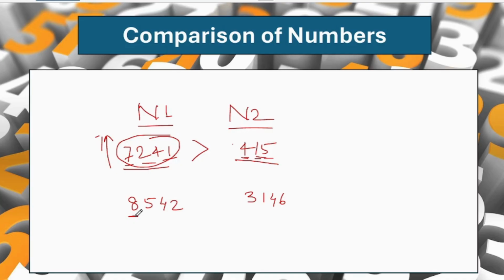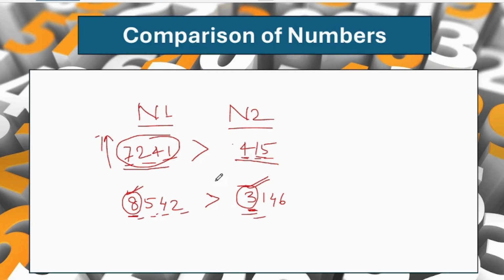The thousand place in this number is 8 and in the other number, at the same position, you compare the digits 8 and 3. 8 is bigger than 3, so this number will be bigger. Very obvious, right? The thousand place digit is 8, which is bigger than 3, so this number will be bigger. Even if you see it, 8,542 versus only 3,146, obviously this one will be bigger.